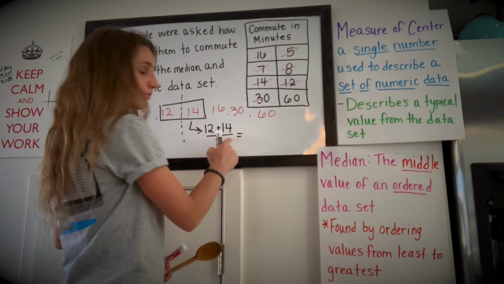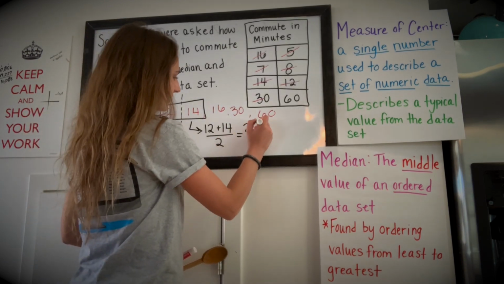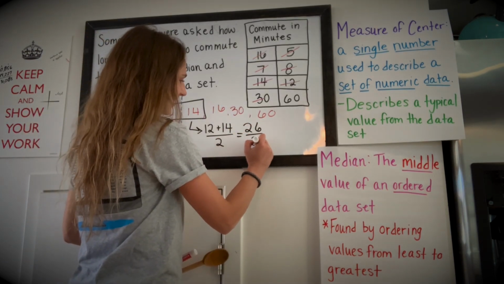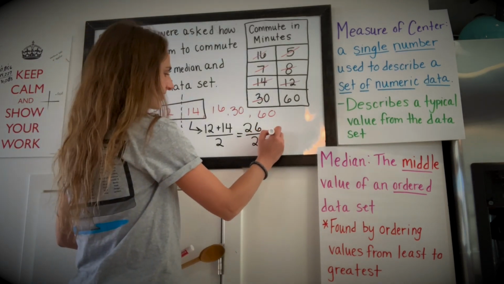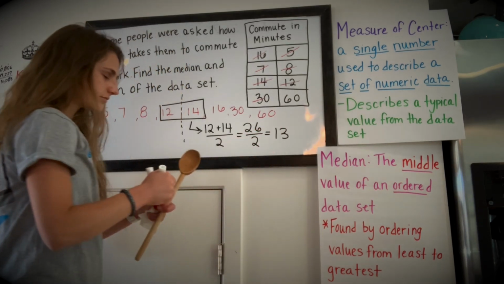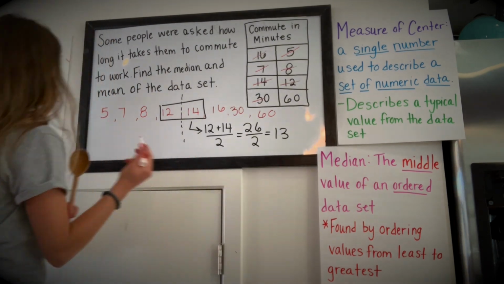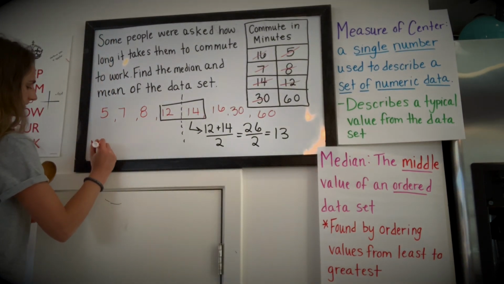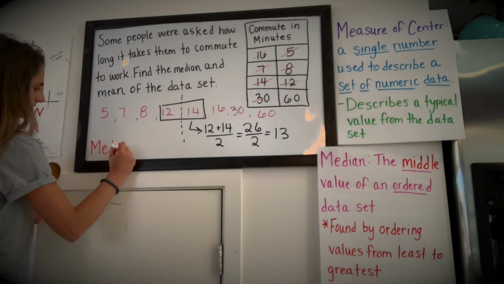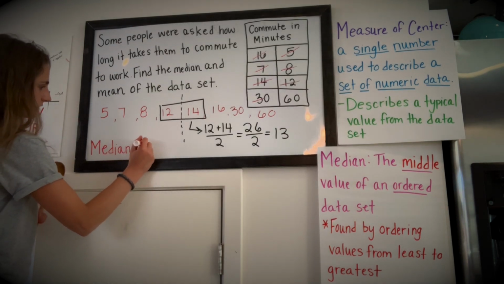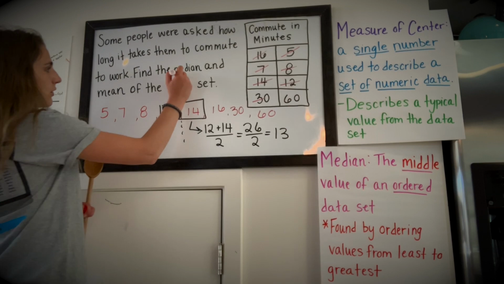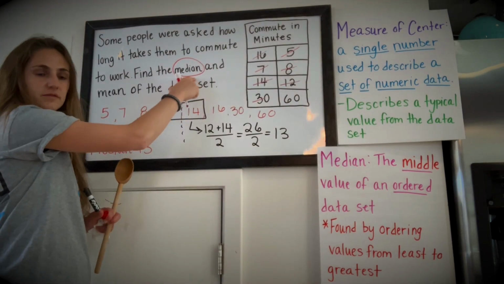All right, so 12 plus 14 equals 26, and I divide that by 2 to get 13. So the median of this data set, I'm going to write it over here, the median equals 13.